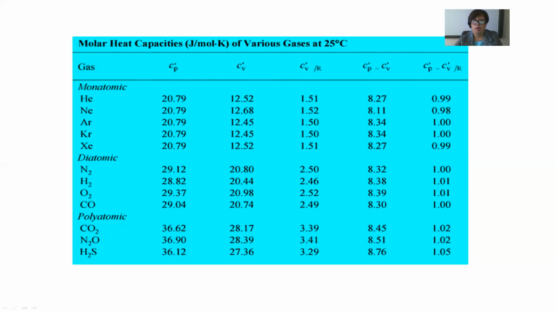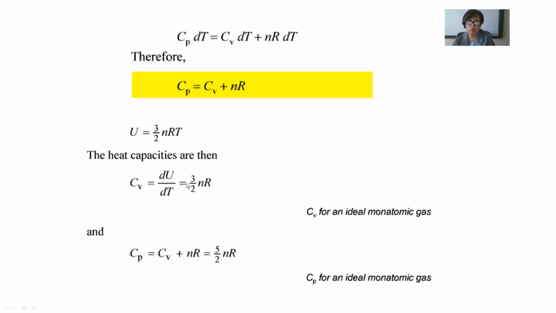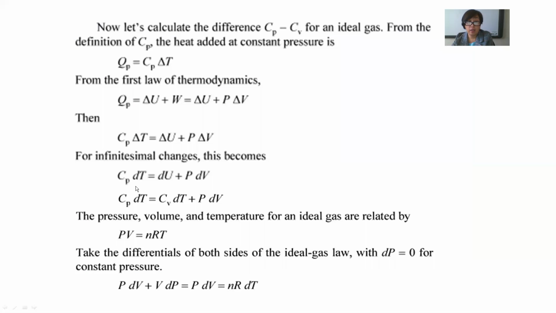The table gives the molar heat capacities at constant P and constant V, the difference Cp minus Cv, and Cv divided by R, where R is the universal gas constant, and also the ratio Cp minus Cv divided by R. These are the values for the different types of gas: monatomic, diatomic, and polyatomic.